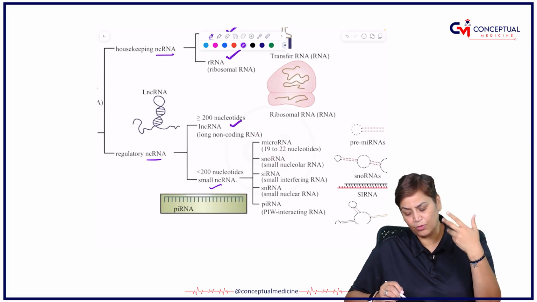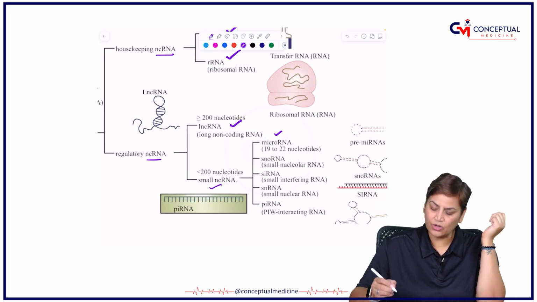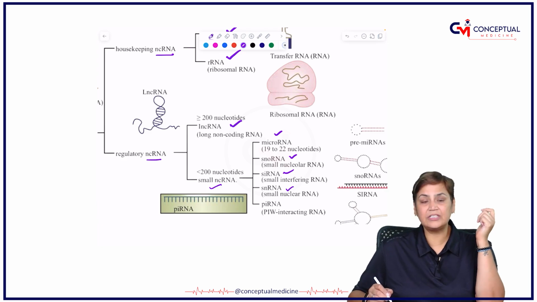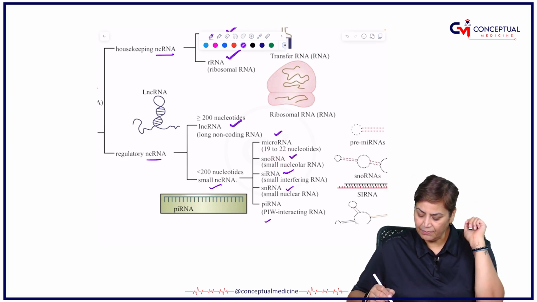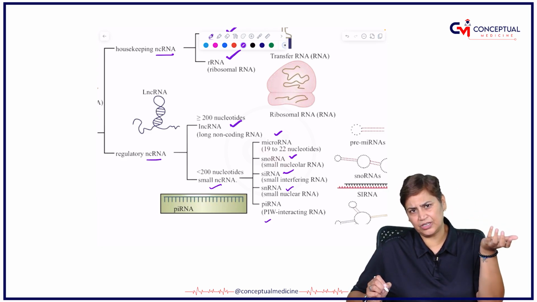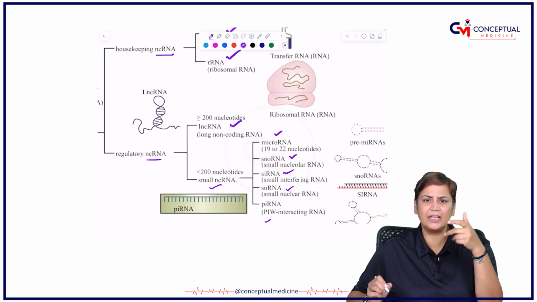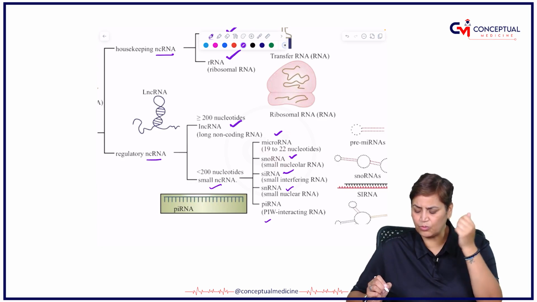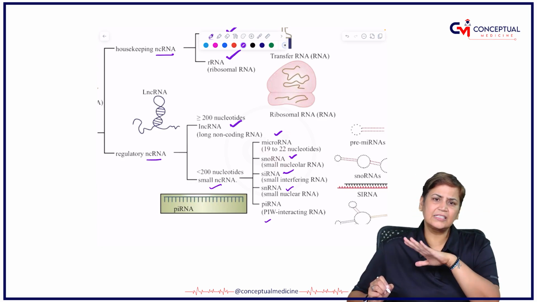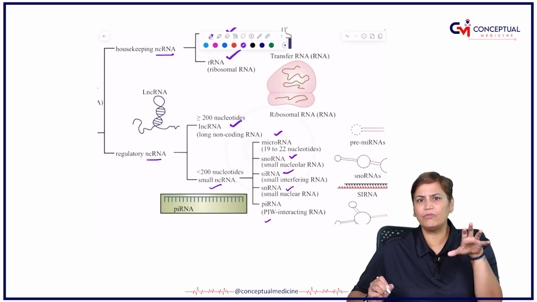Small non-coding RNA consists of microRNA, small nucleolar RNA, silencing RNAs, small nuclear RNA, which are also known as SNRPs, and PIWI-interacting RNA. These are sometimes used in gene expression or gene regulation. Silencing RNA and small nuclear RNA each have their own functions. So these are the different categories of RNA.